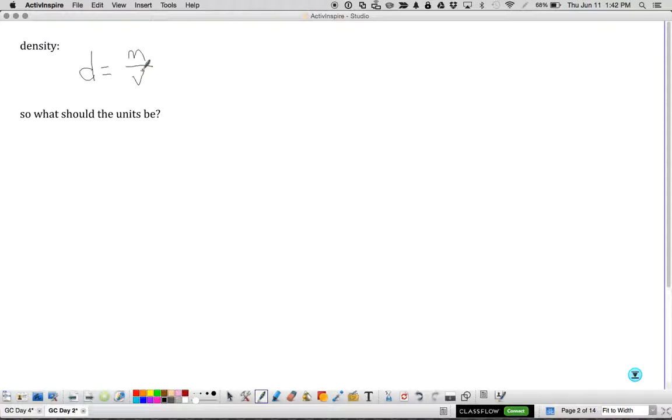All right, so what should the units be? Well, the SI unit for mass is the kilogram, and the SI unit for volume, remember volume is really length times width times height, and each of these is a measurement of distance, so it's meters times meters times meters.